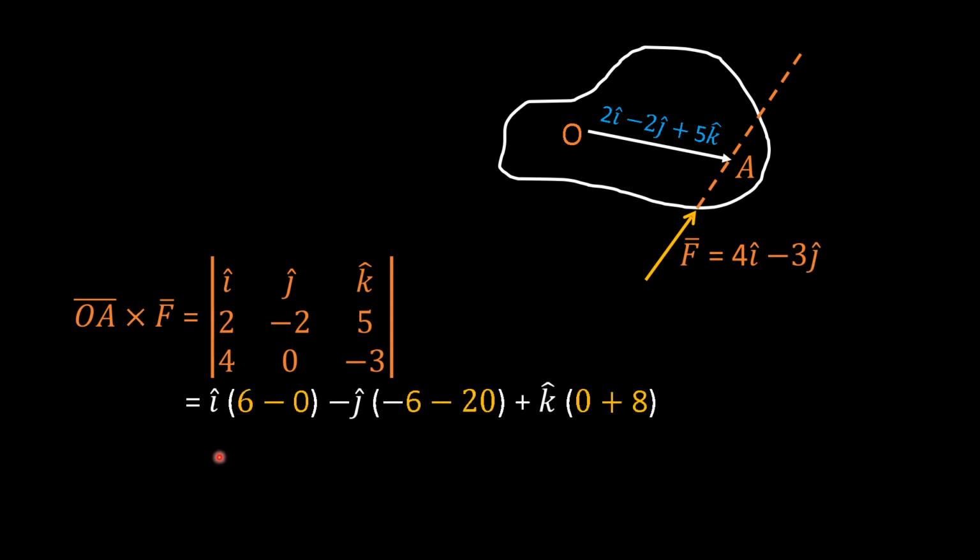Which will be i times 6 minus 0, minus j cap times minus 6 minus 20, plus k cap times 0 plus 8, which will be 6i cap plus 26j cap plus 8k cap.